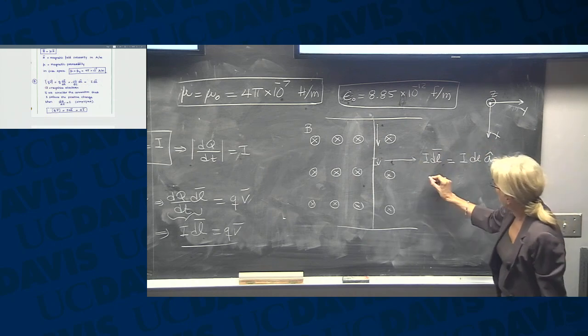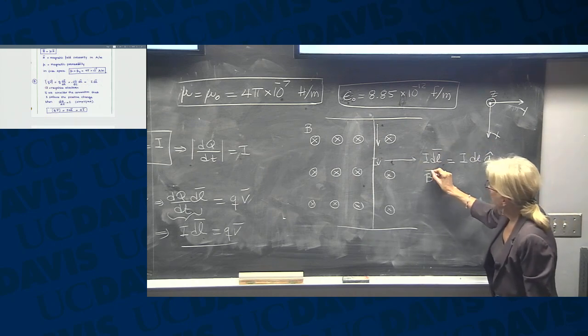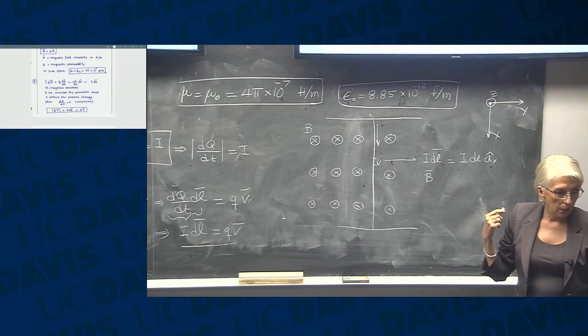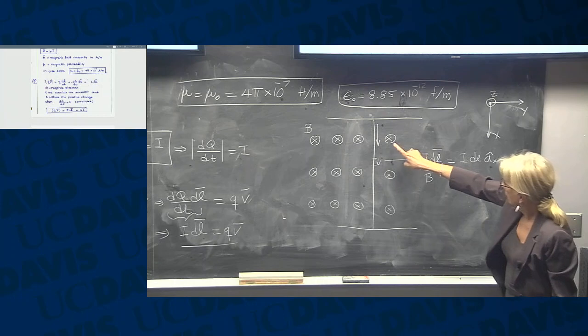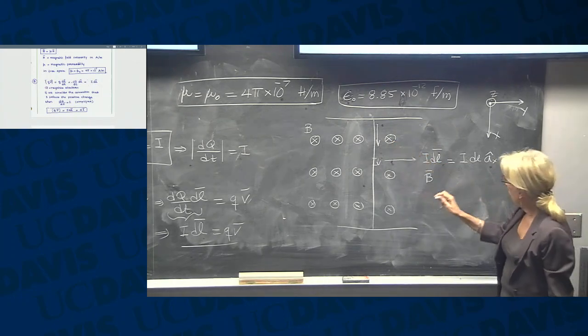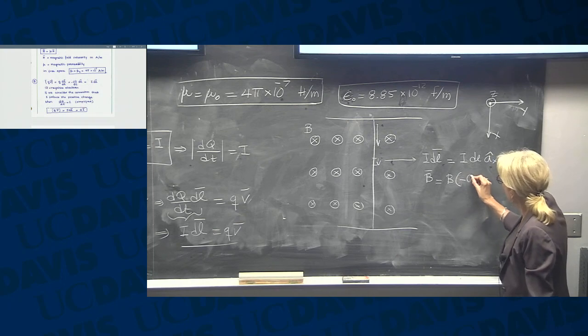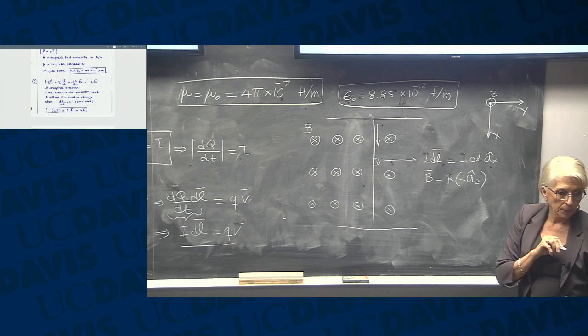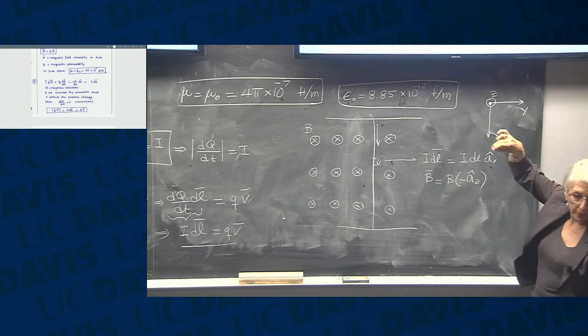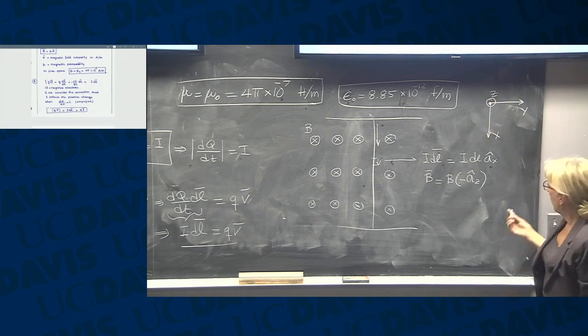What is B? B is along what direction? Negative z. Negative z. So B is like B, but in the negative z direction. The positive z is like that, coming out of the wall towards you. All right.